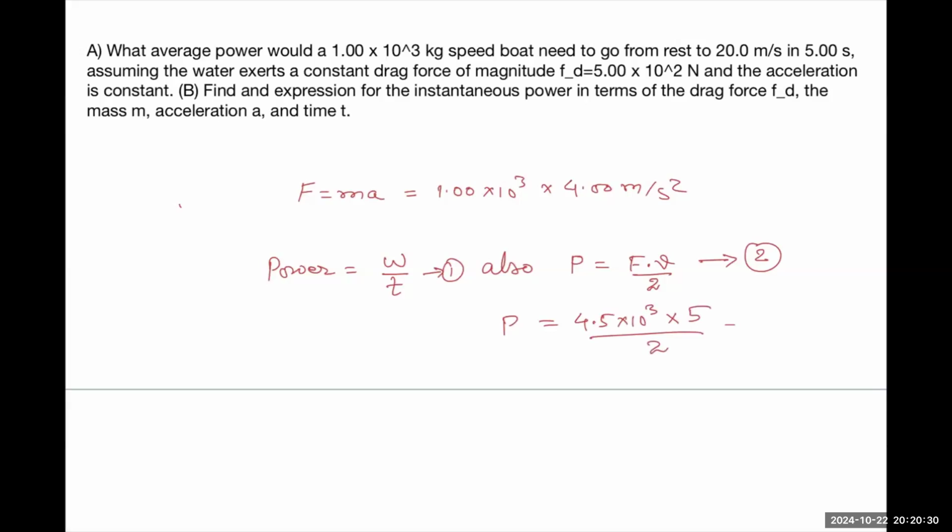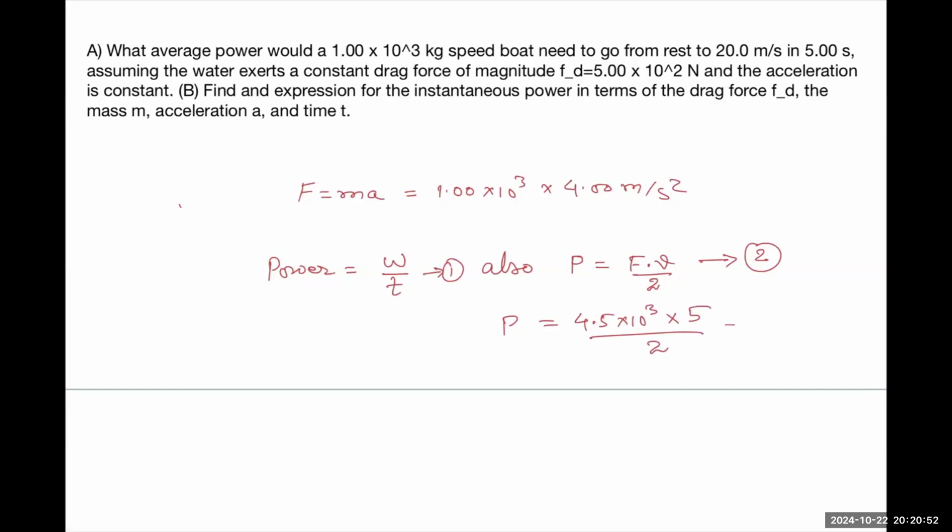4.5 times 5 divided by 2. I get a different number. What did you get? 4.5 times 5 divided by 2 is 11.25, right? So this is what you did, right?